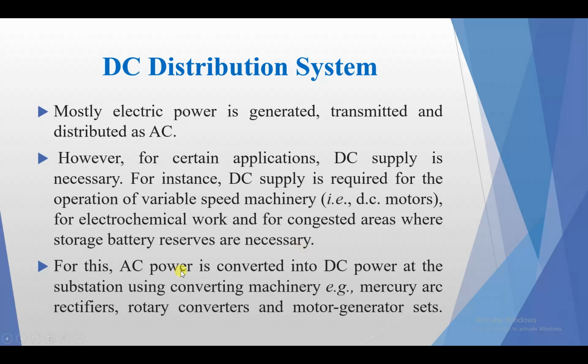For this, AC power is converted into DC power at the substation using converting machinery. In this converting machinery we have mercury arc rectifiers, rotary converters, and motor generator sets. So there are some applications where we need DC supply, so AC power is converted into DC at the substation with the help of different types of machinery.